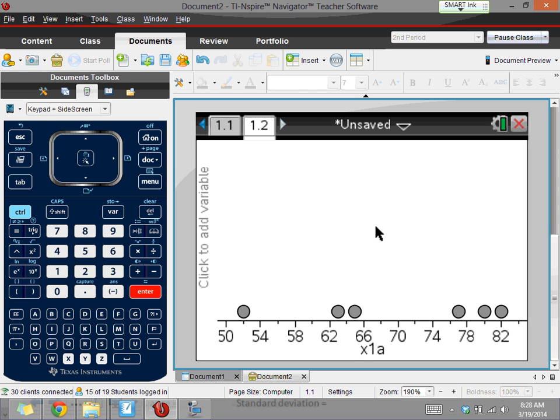Third way. I'll give you 10 more seconds to catch up. Did you do doc insert, data and statistics yet?